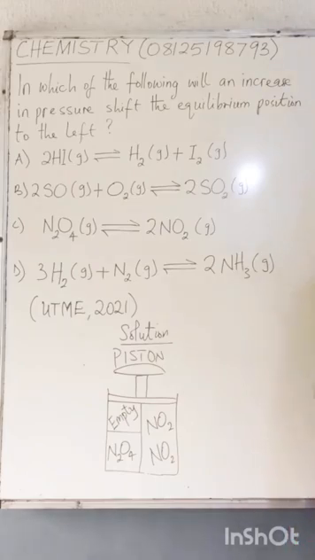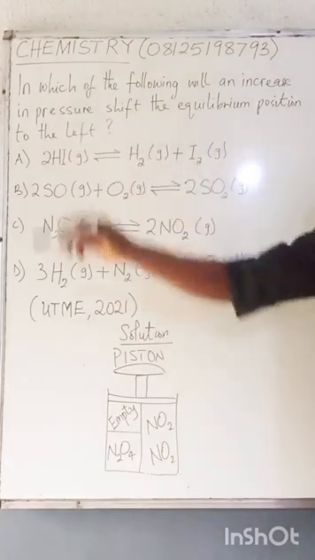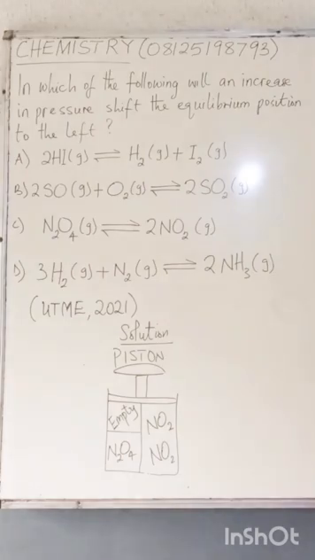Do not forget that pressure as a factor which affects the rate of a chemical reaction affects only species in gaseous form. So whenever you have a chemical equation which does not contain any species in gaseous form, pressure will not affect the rate of that reaction.